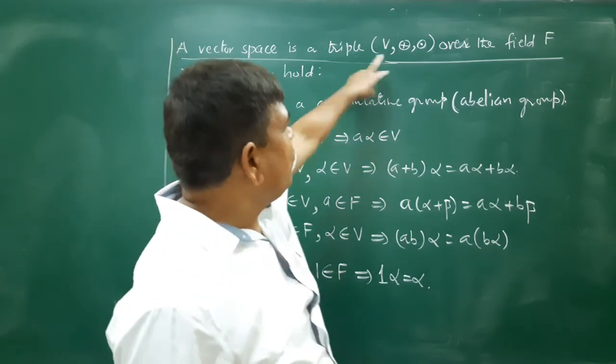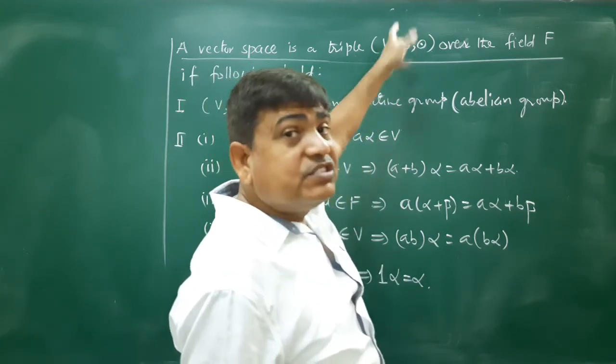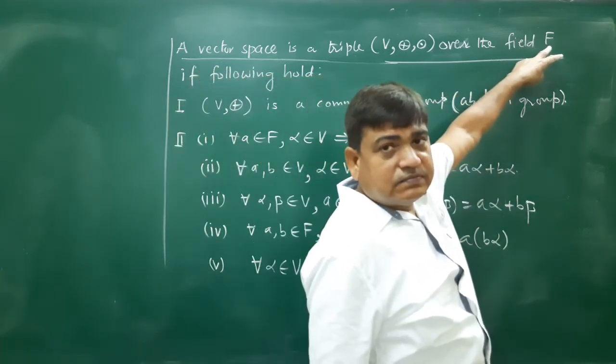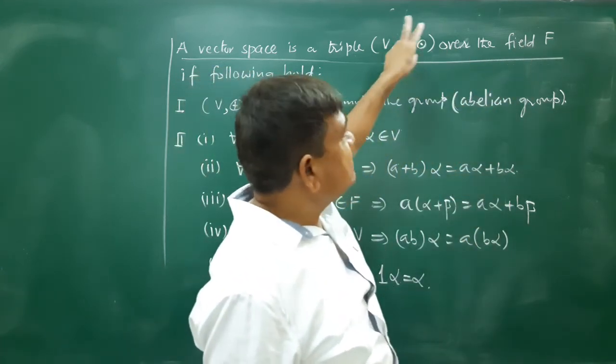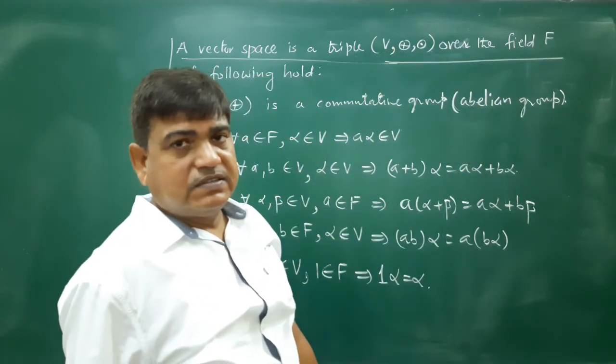Sometimes we say V is called a vector space over F. V is called a vector space over F if we have this.